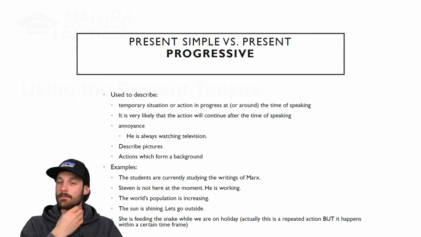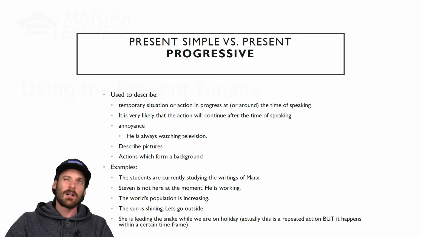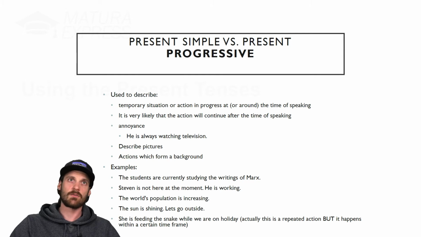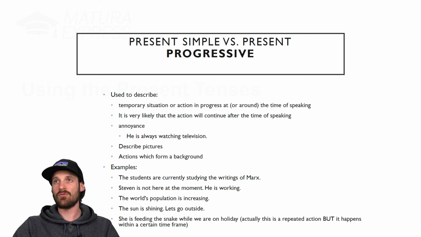But of course, I'm gonna outline it in a few slides. So I can show you some examples, but of course it's really hard to differentiate. But basically the differentiation you have to really make is between will and going to. But of course, progressive is a bit more fixed than the going to. It's not that easy to differentiate, unfortunately.